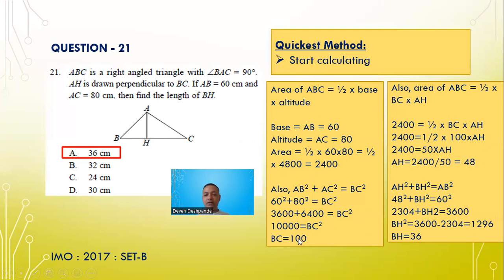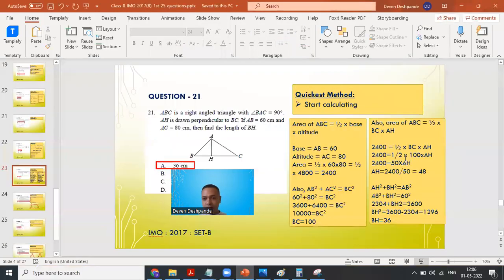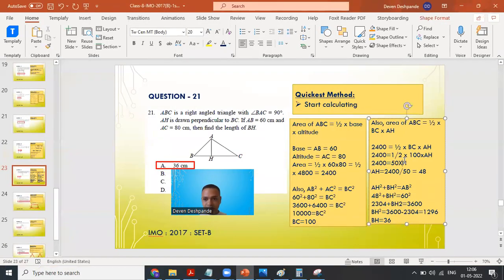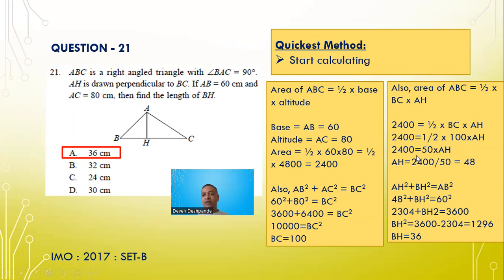BC is equal to 100. Area is 2400. So half into 100 is 50. 50 into AH. And so AH will be 2400 divided by 50, which is 48, isn't it? So AH will be 48.